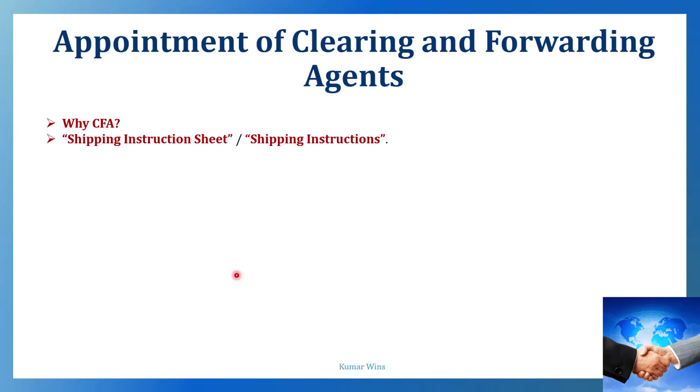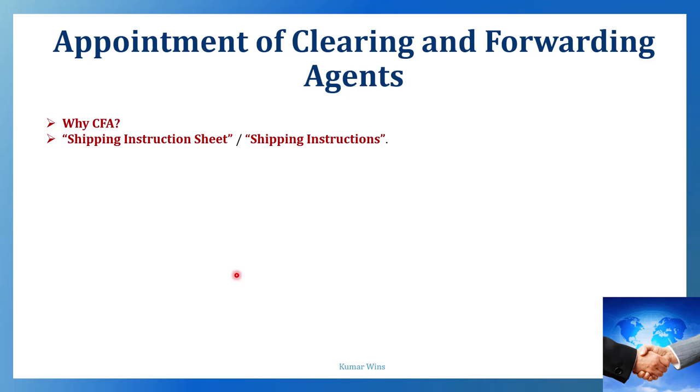But the main function of the CFA is to obtain customs clearance of goods. They ship the goods and procure the relevant transport document. When I say the transport document, it's basically the BL, the bill of lading, or the airway bill, which we discussed in the last session.